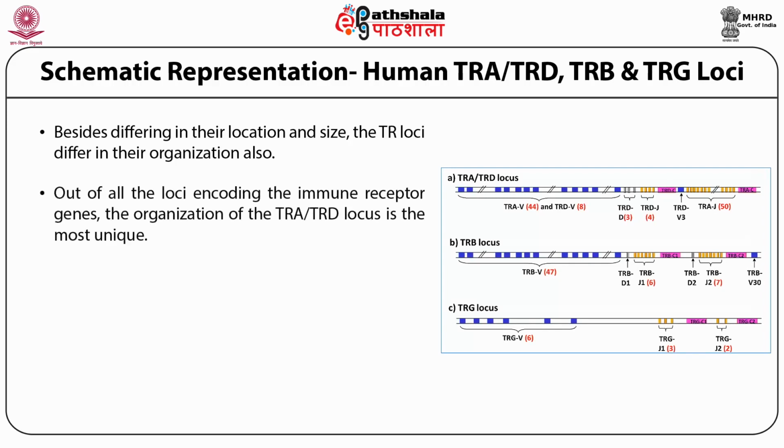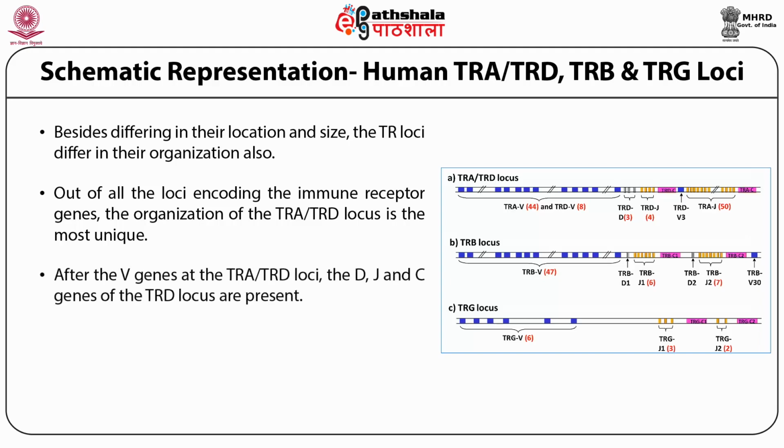Out of all the loci encoding the immune receptor genes, the organization of the TRA-TRD locus is the most unique. This is because at this locus, the genes comprising the TRA as well as the TRD loci are found. After the V genes at the TRA and TRD loci, the D, J and C genes of the TRD locus are present.